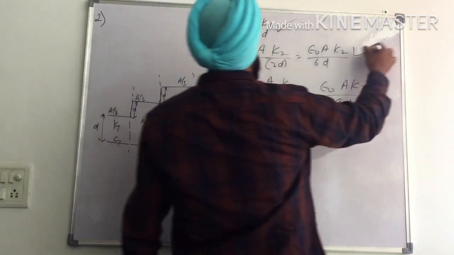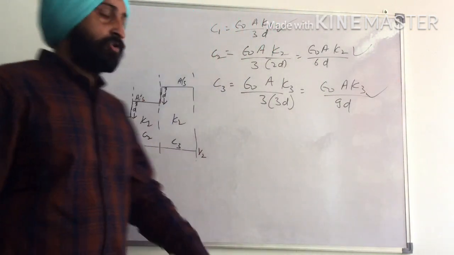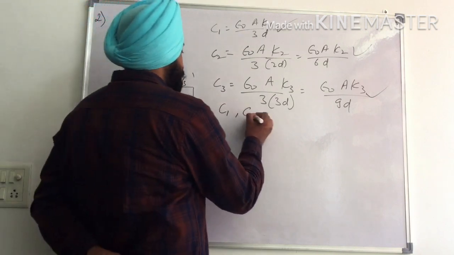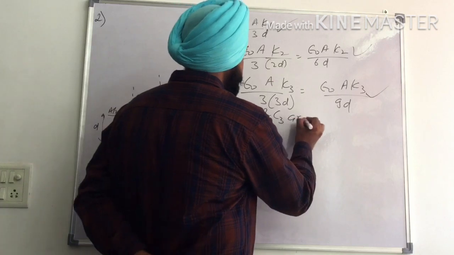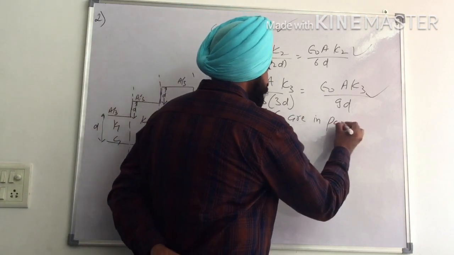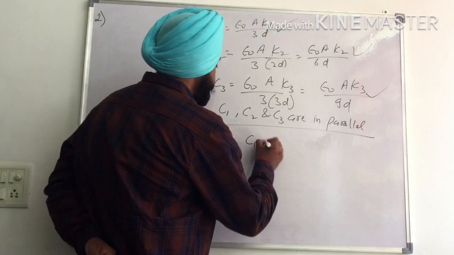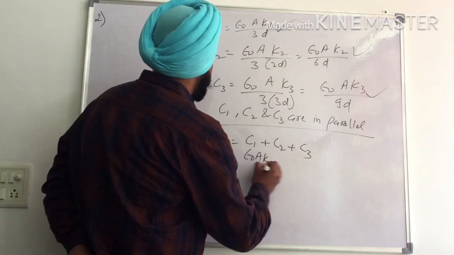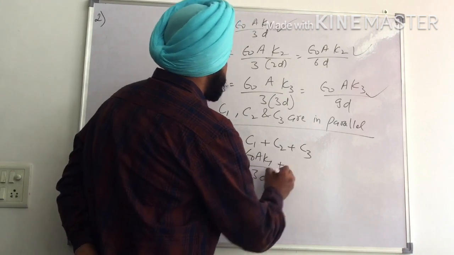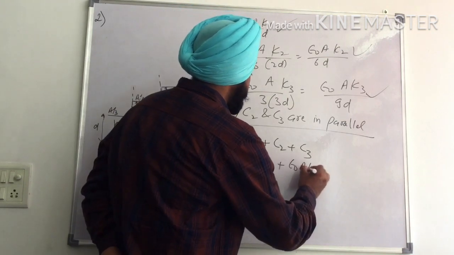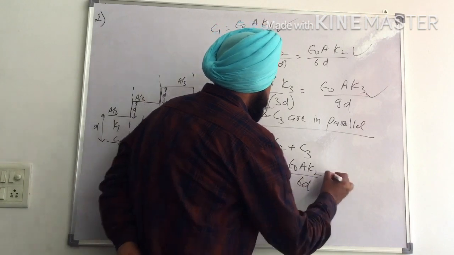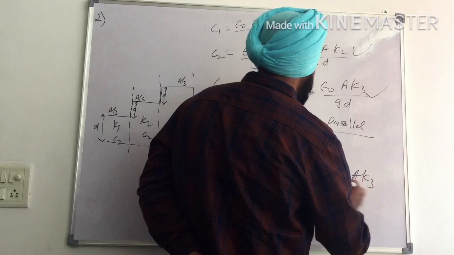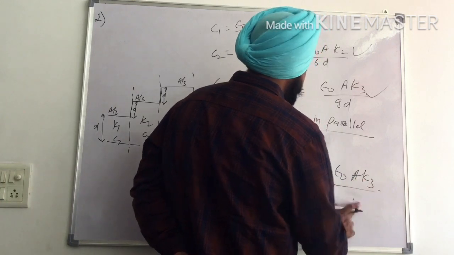So now these three capacitors are connected in parallel with each other. So C1, C2 and C3 are in parallel. So C1 plus C2 plus C3: epsilon naught A K1 by 3D, C2 is epsilon naught A K2 by 6D, and this is epsilon naught A K3 by 9D.